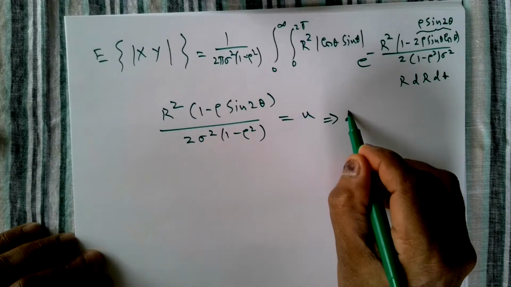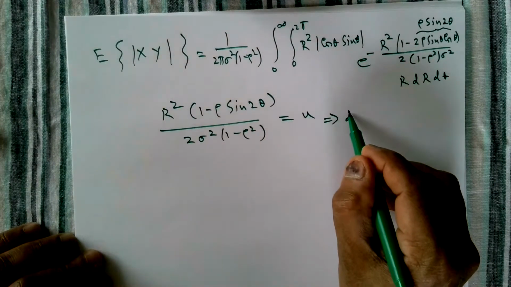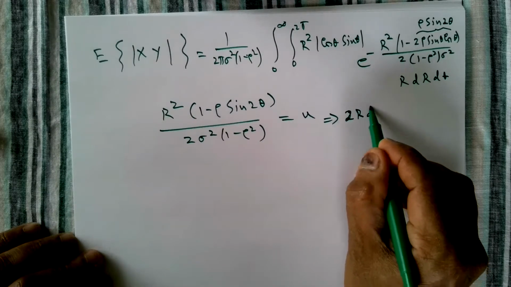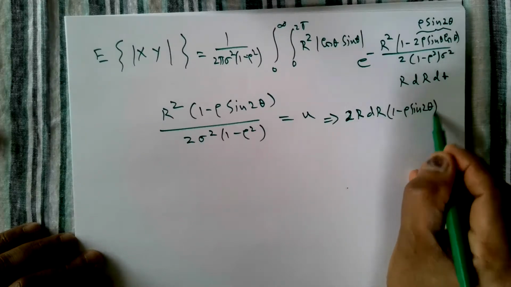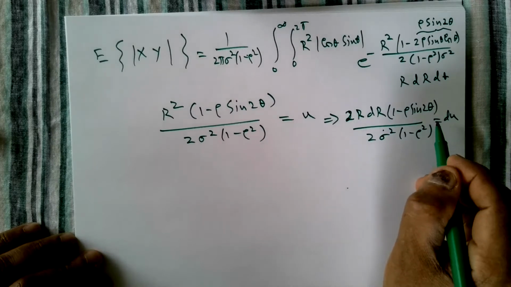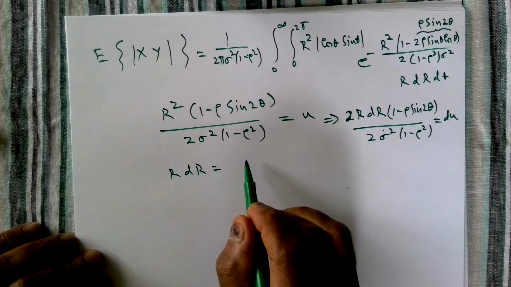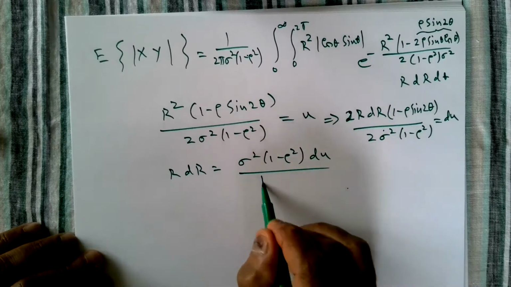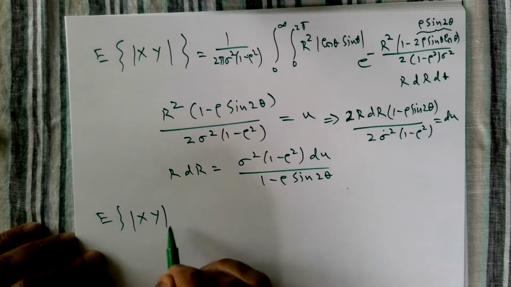And this gives du, from here 2r dr. So 2r dr multiplied by 1 minus rho sine 2 theta over 2 sigma squared 1 minus rho squared is du, or r dr is, notice that 2 cancels, sigma squared multiplied by 1 minus rho squared du divided by 1 minus rho sine 2 theta.